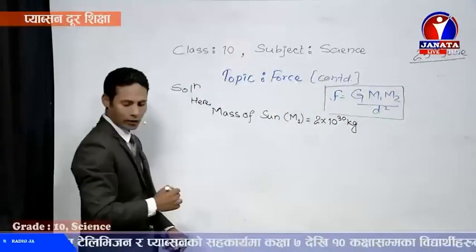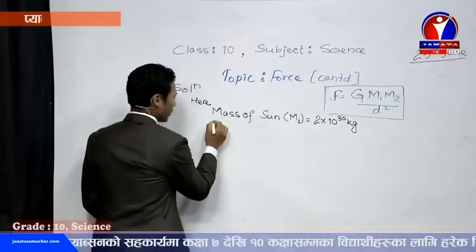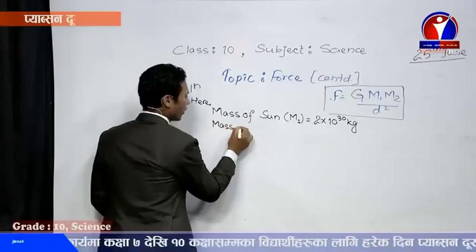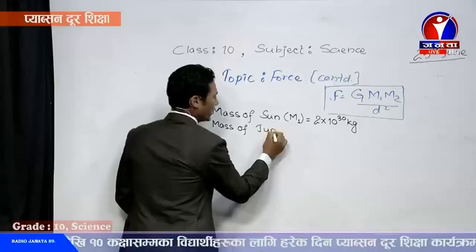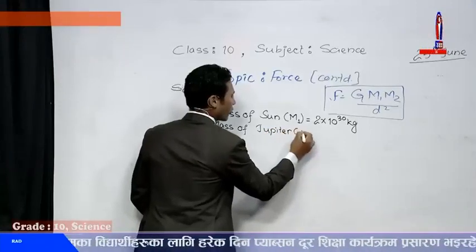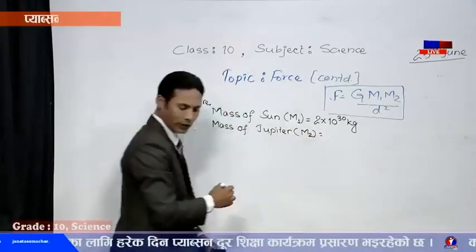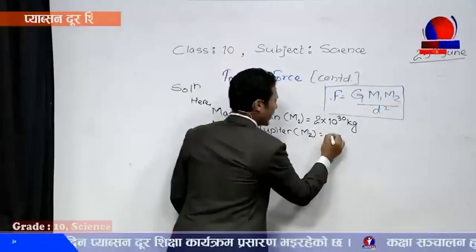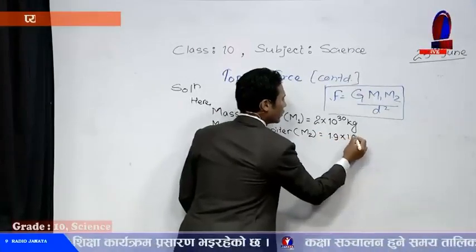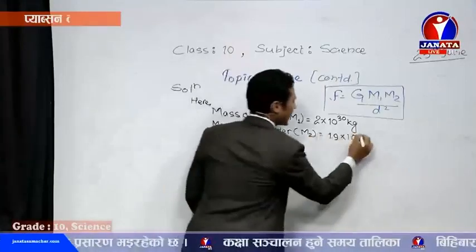Similarly, the mass of Jupiter, I will suppose this m2, is 1.9 into 10 to the power 27 kg.